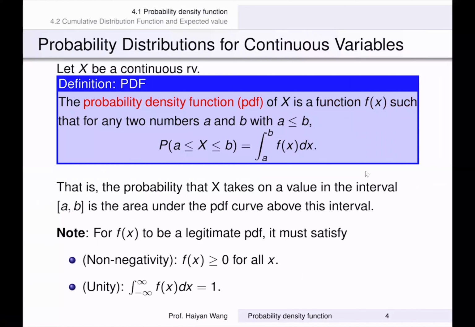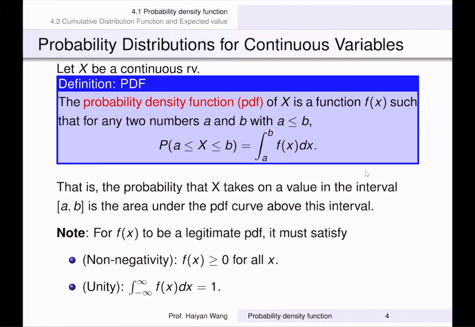Probability distributions for the continuous variable are defined as a function, the PDF, okay? This probability density function is a PDF. PDF simply is a function such that the probability of the variable between two numbers is given by the area under the curve.